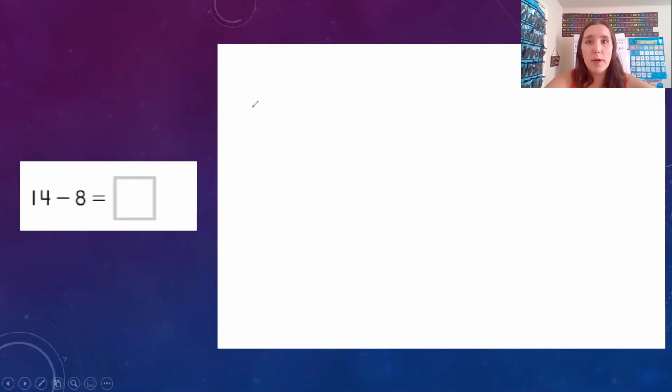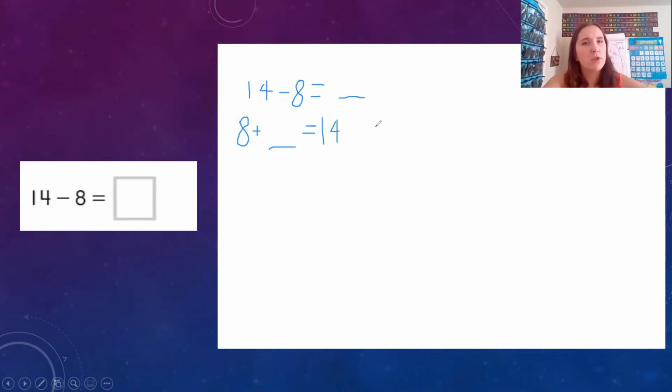We're doing 14 minus 8. So 14 minus 8 equals something. We can also think of this as an addition problem and say 8 plus some number more equals 14. Do you guys know 8 plus how many more equals 14? Do you know how many?